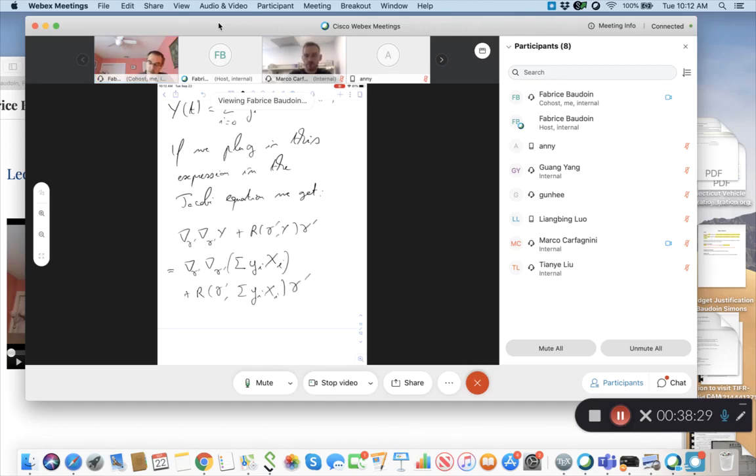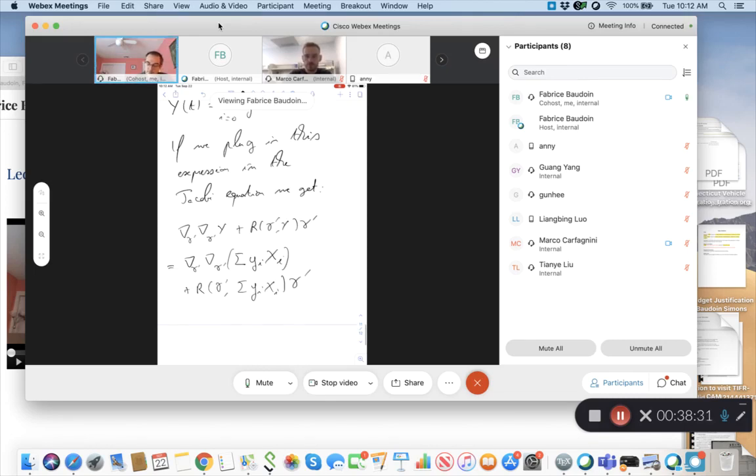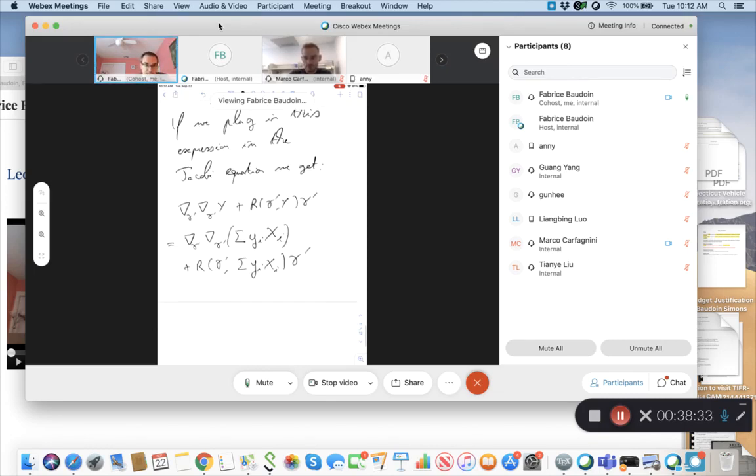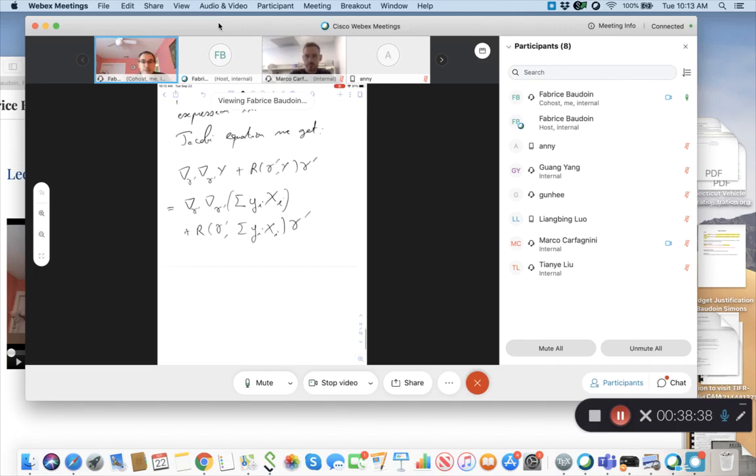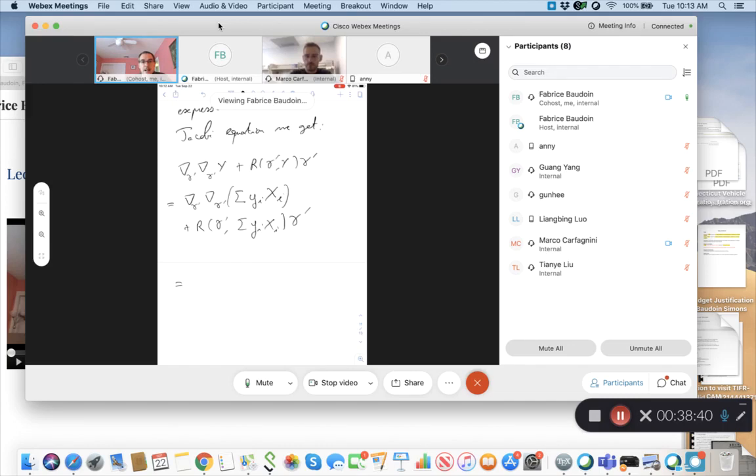So now let's compute the first term. I will compute step by step. First I will compute the first order derivative. So if I differentiate the sum of the yi xi with respect to gamma prime, what do I get? It's important at that point that you understand how to differentiate vector fields along curves. So what will be the derivative with respect to gamma prime of the sum of yi xi?